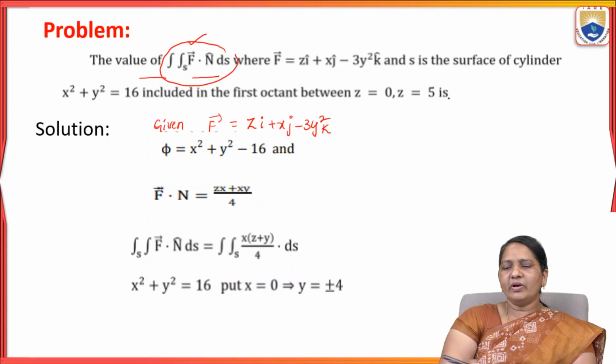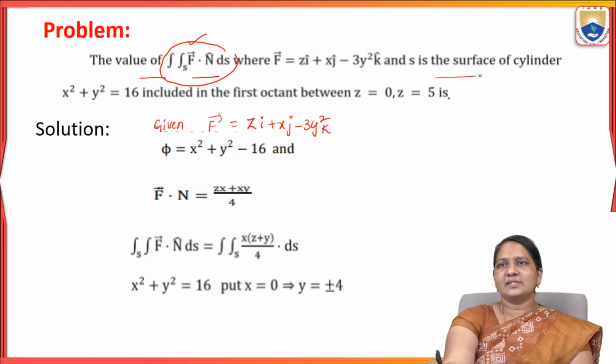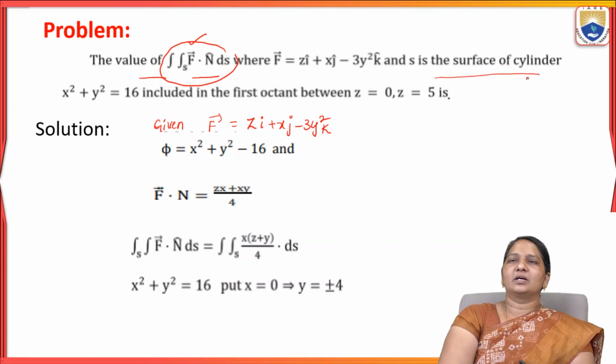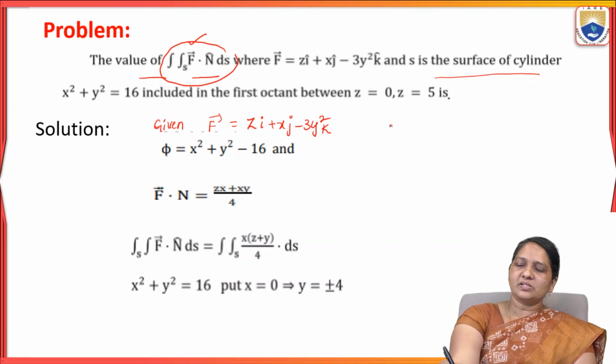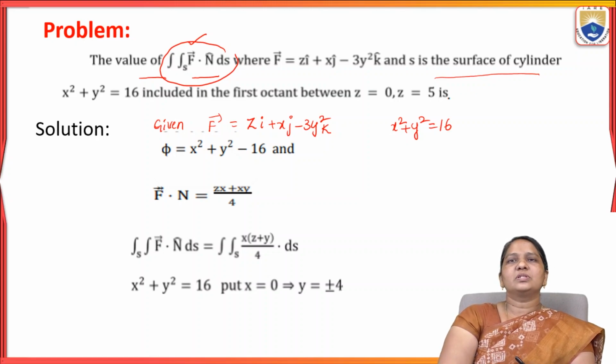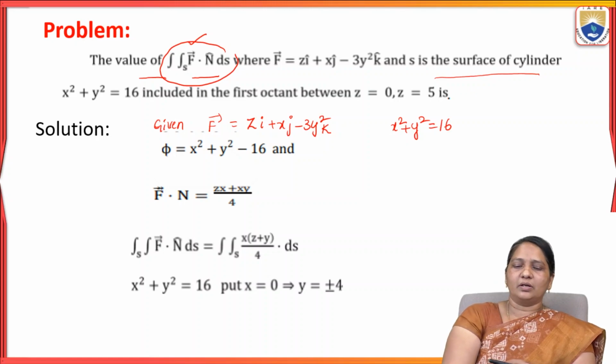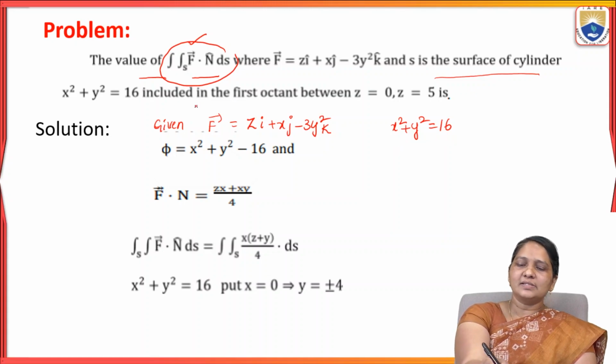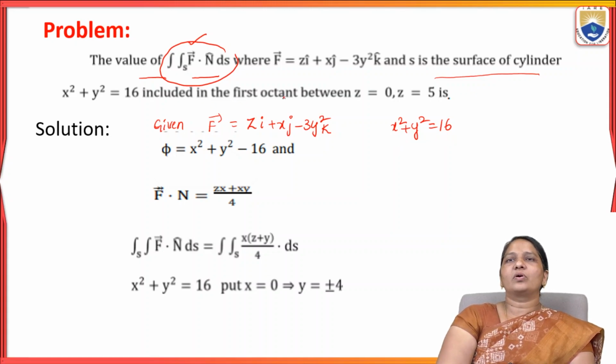Now, what they are asking: S is the surface of the cylinder x square plus y square equal to 16, and this is included in the first octant.